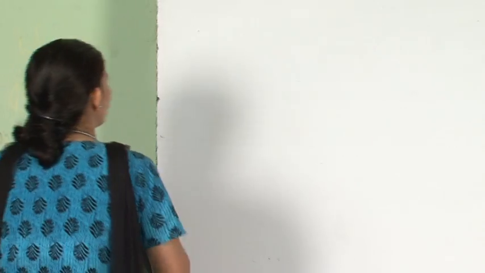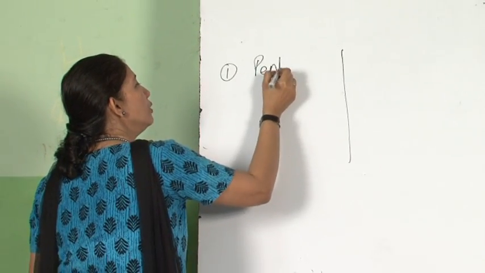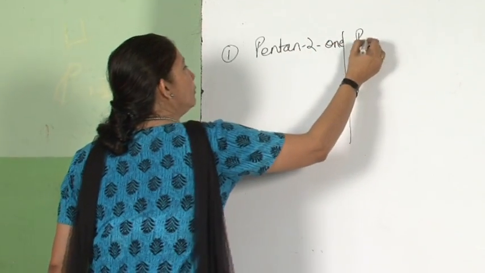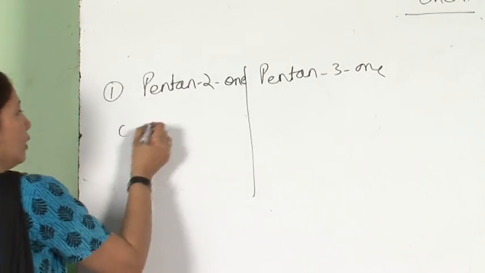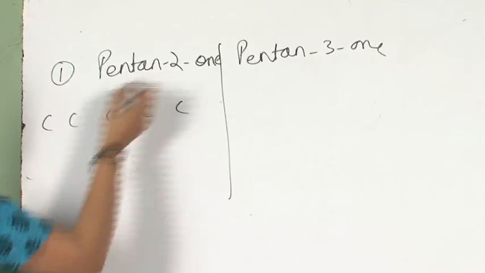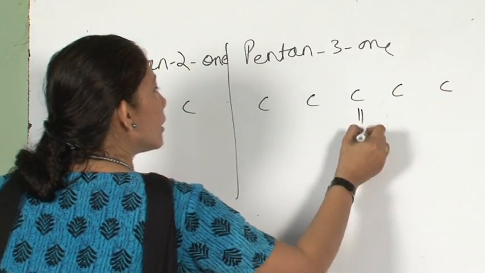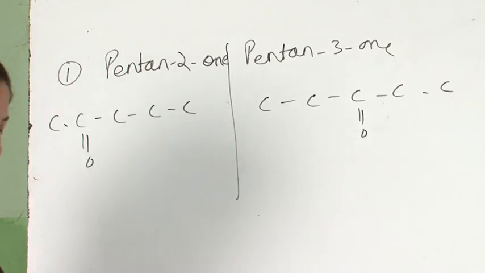Now suppose you get in the question, distinguish between pentan-2-one and pentan-3-one. So 2-one, it is here. When I write here 3-one, it is here. I have just written the skeleton structure, I did not put the hydrogen.